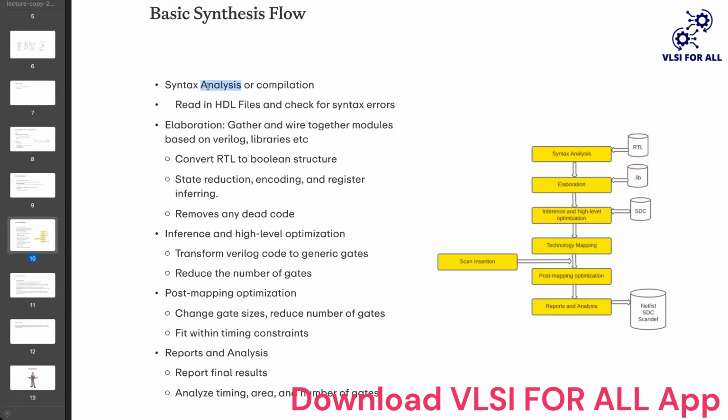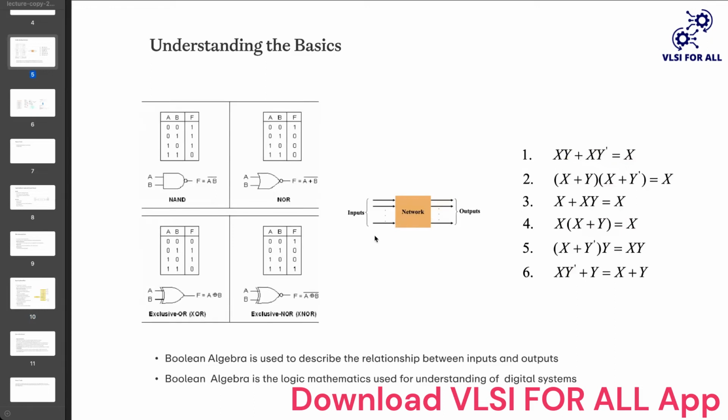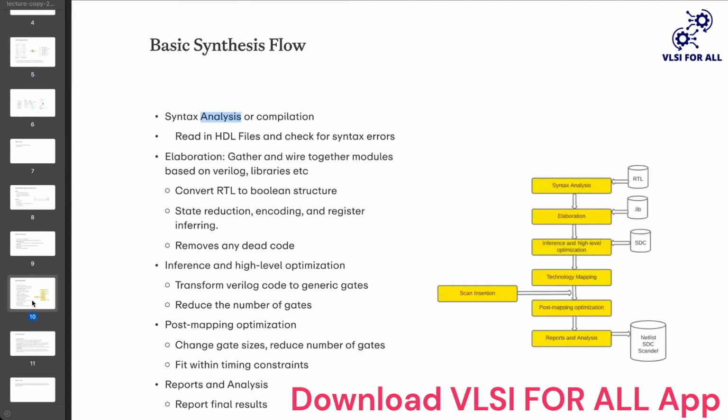That is the whole reason why I explained the Boolean logic, the Boolean algebra, previously. So why is this important? It's important because that's what happens in the elaboration. It takes the RTL code and converts that into a Boolean structure, right?